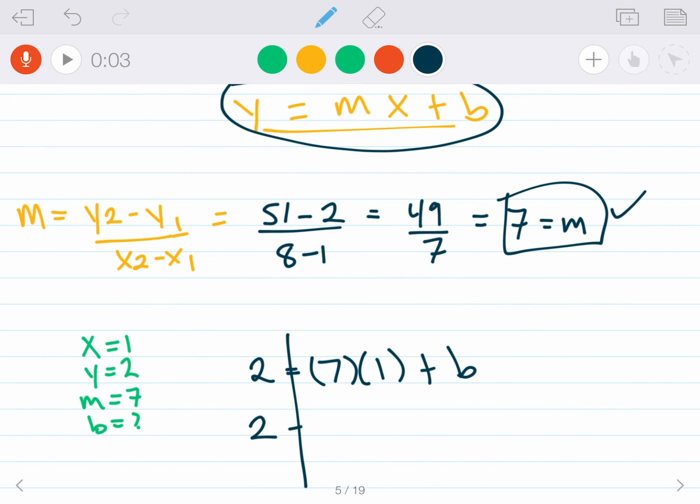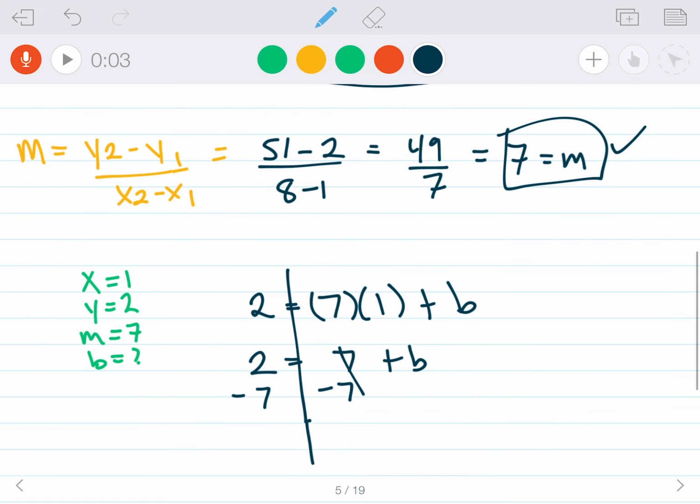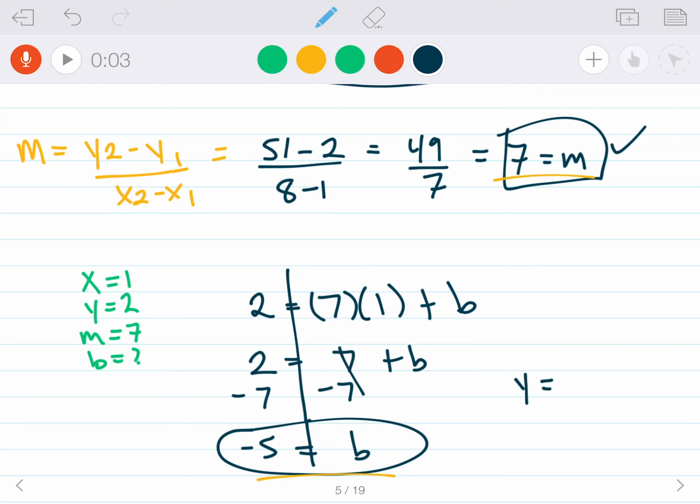So we get 2 equals 7 plus b, subtract 7 from both sides to get b equals negative 5. Alright, so we have everything we need. We have m and b. So the equation of our line is y equals 7x minus 5. That is our final answer here.